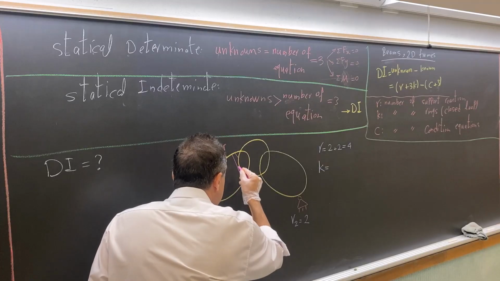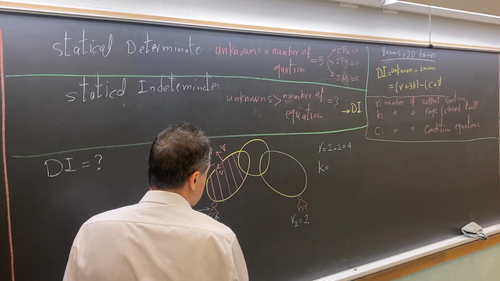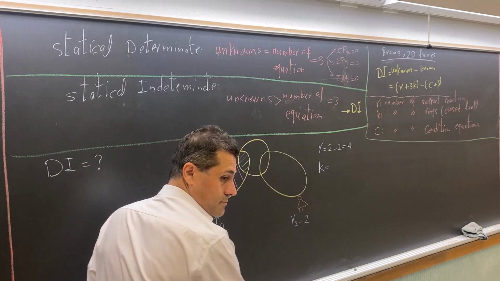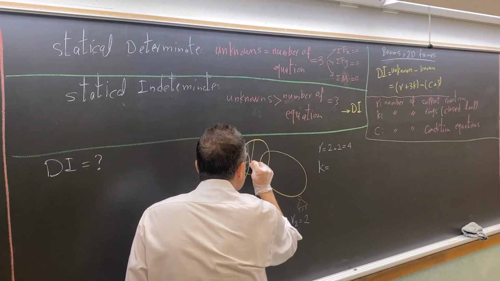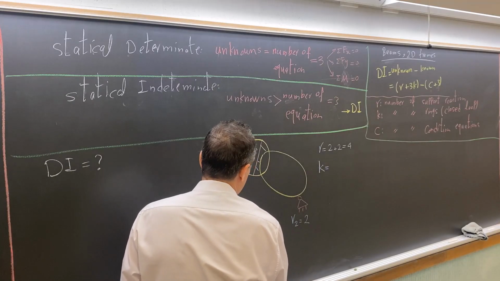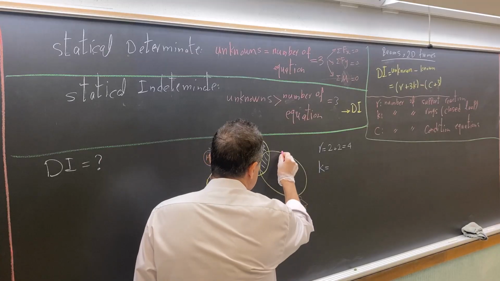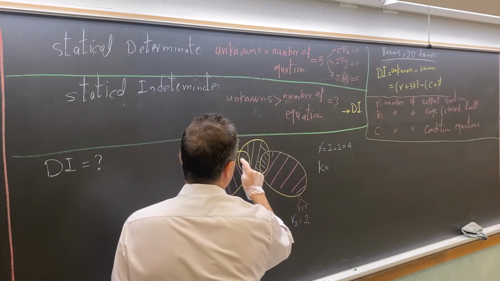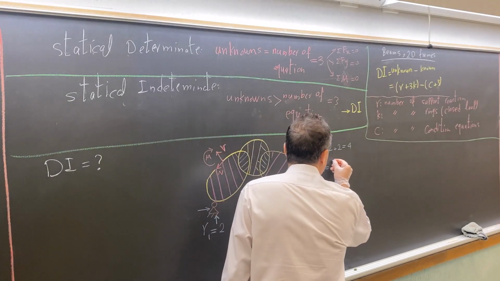This is 1, the second one, the third one, 4, 1, 2, 3, 4, 5. So the number of rings or closed loops is 5.